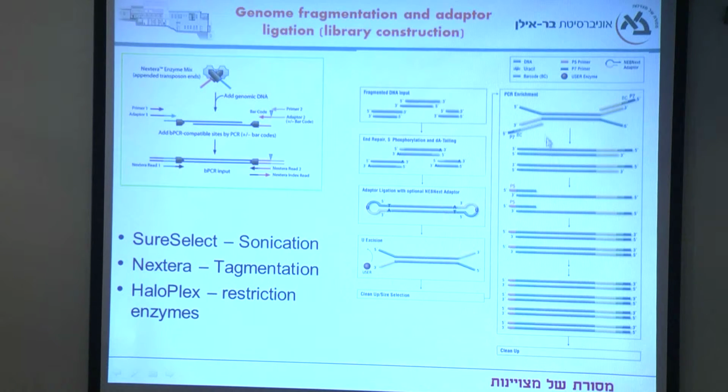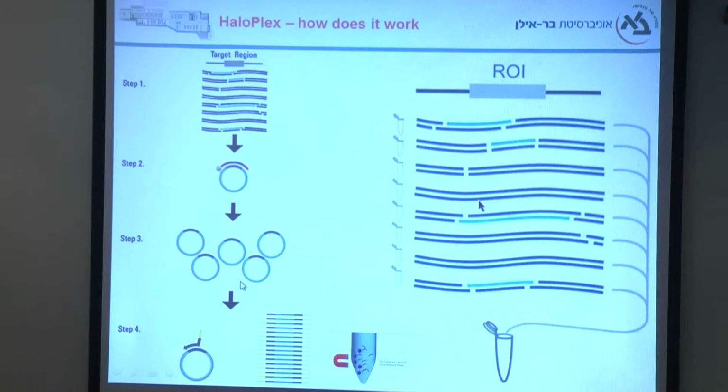Most of the methods, however, use sonication to break the DNA into pieces and then enzymatically attach to the edges the sequences that are necessary. And otherwise, there is also an option of using restriction enzymes. The problem with restriction enzymes is that the first base you will read will always be the same.